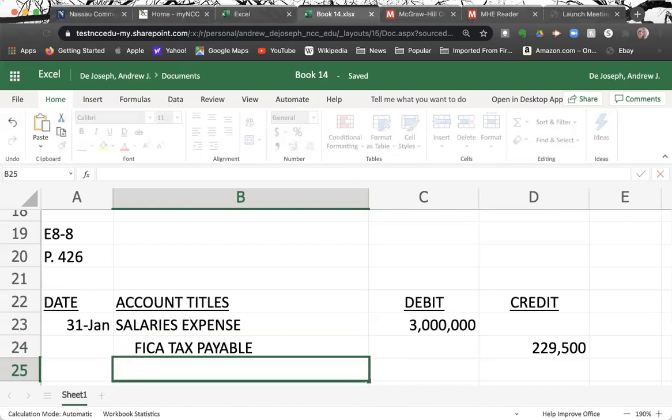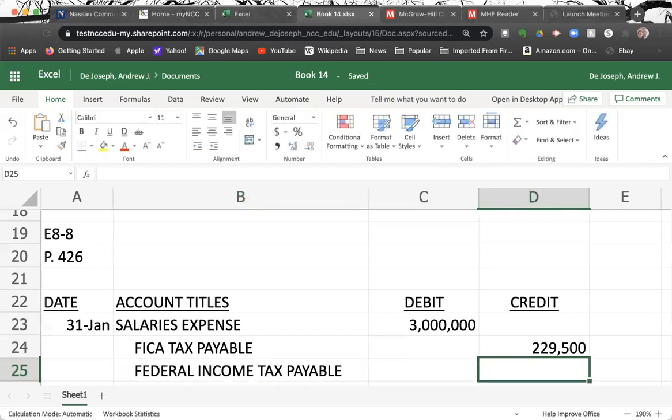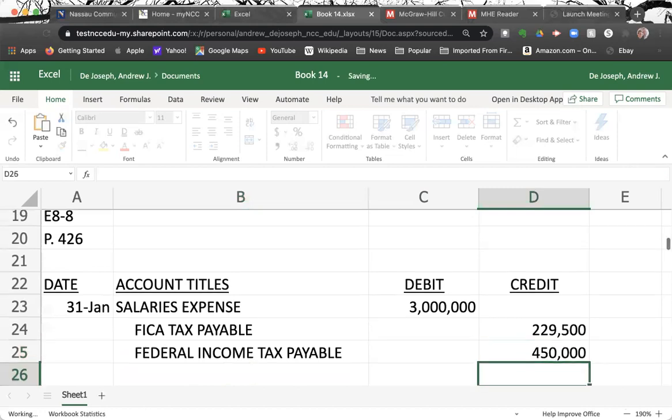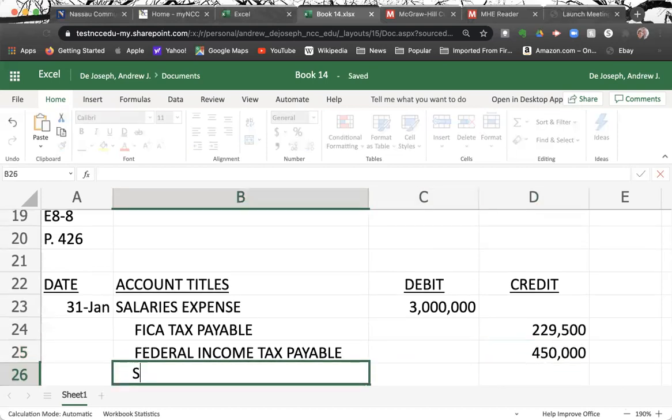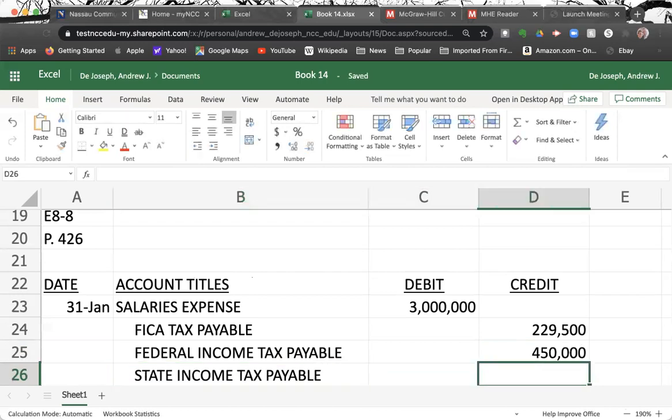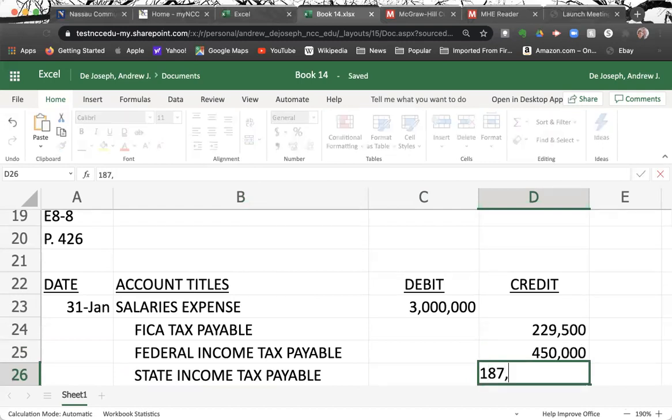Federal income tax payable. Federal income taxes of $450,000. State income tax payable. State income taxes are $187,500.